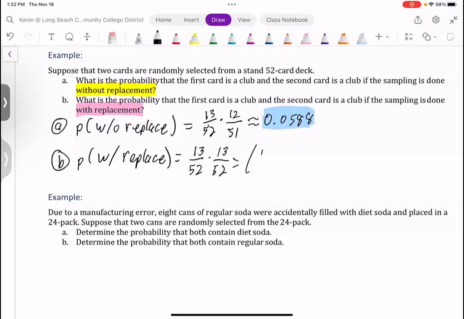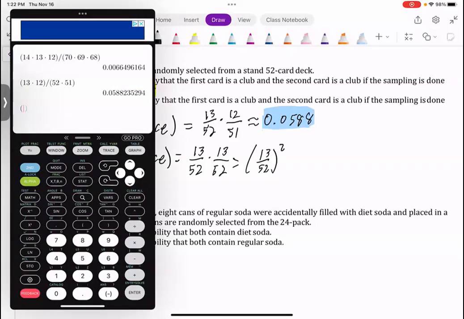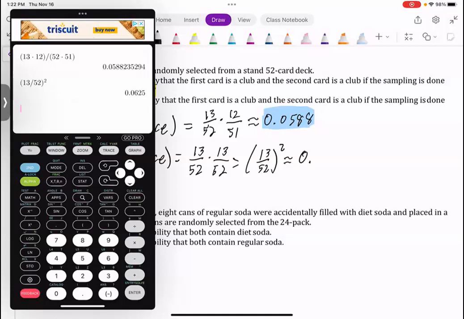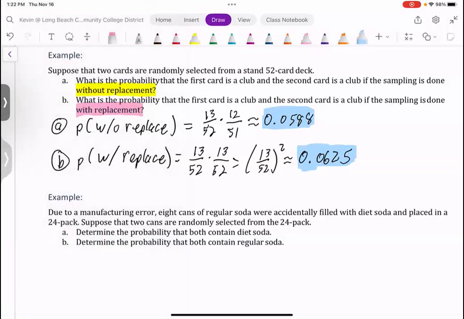So this is actually 13 out of 52 squared. You can see the probability is a little bit higher than our previous answer. Which stands to reason, there's more possibilities of getting a club if there's more clubs in the deck.